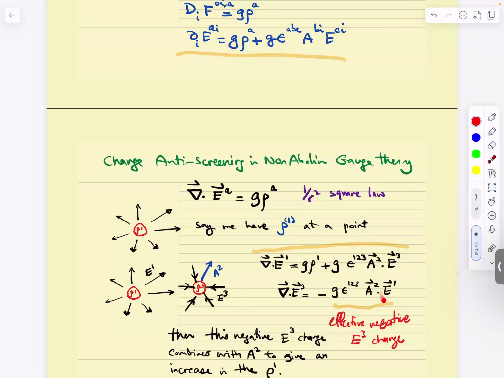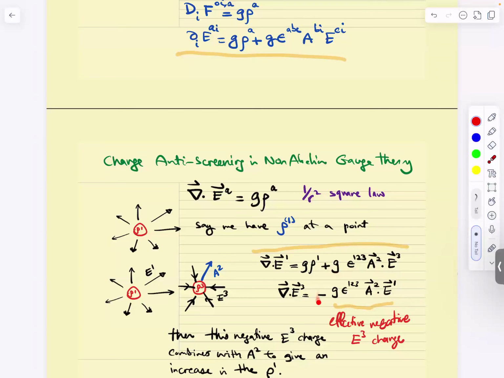That E1 field will induce a negative E3 charge. So whatever sits on the right-hand side of this, if the theory with abelian were to be interpreted as a charge for E3, the effect of turning on E1 acts as an effective rho 3.